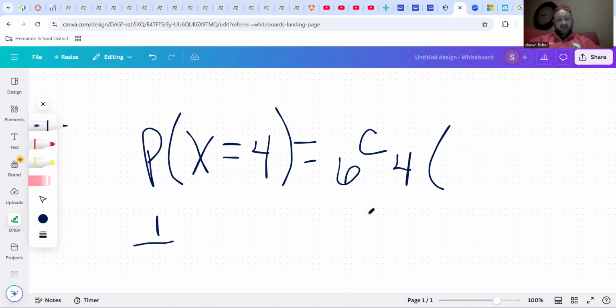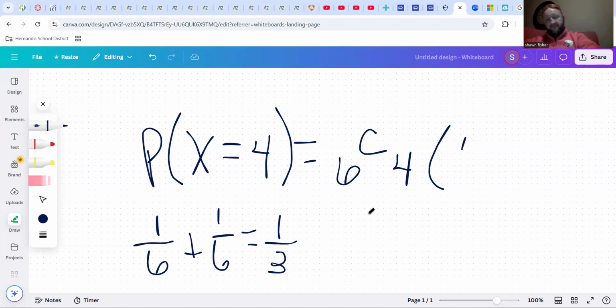Plus, if a 5 rolls, that's also 1 out of 6, which gives me 2/6, which is really 1/3. So 1/3, and I want that to happen 4 times.